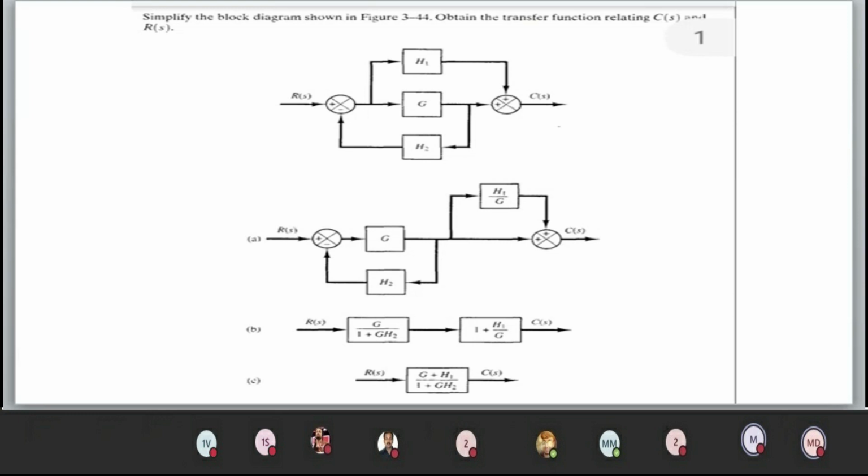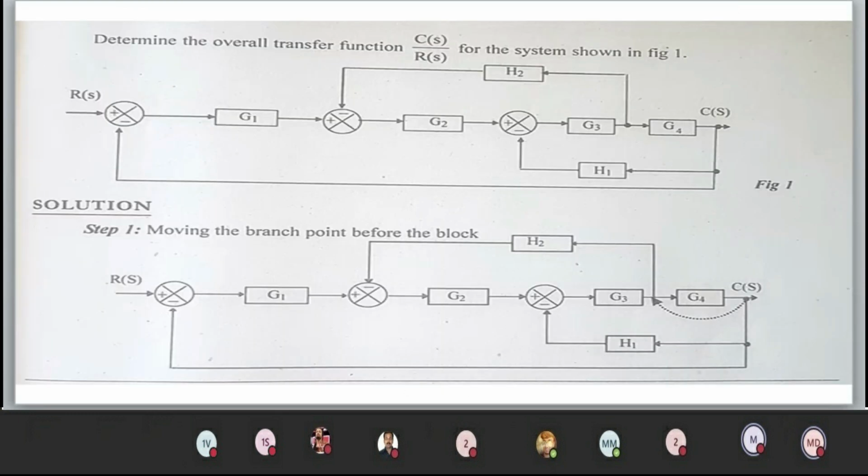Now let us focus on the next problem. The question given in this problem is: determine the overall transfer function for the system.